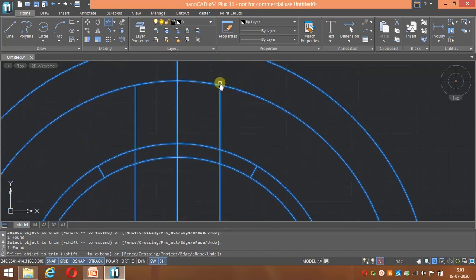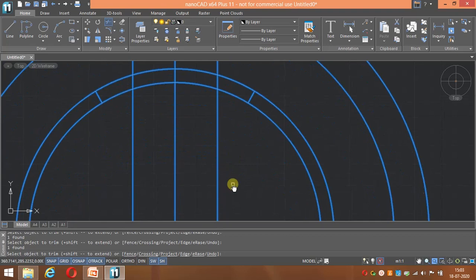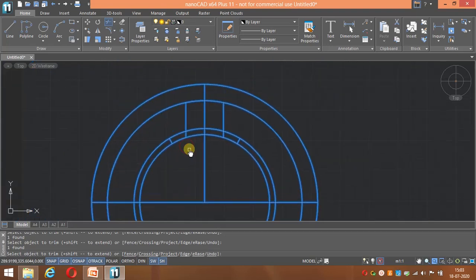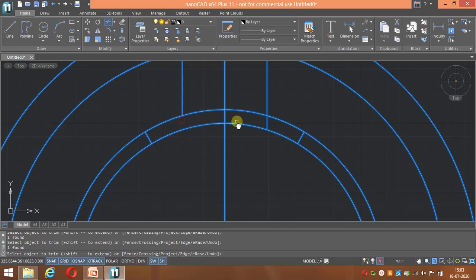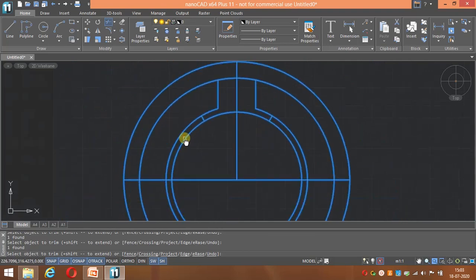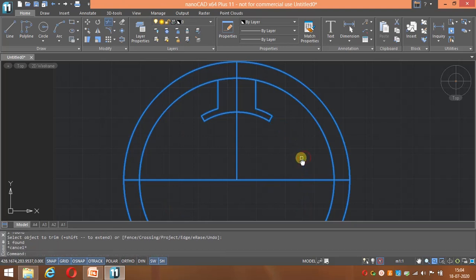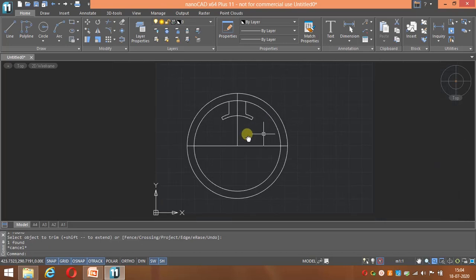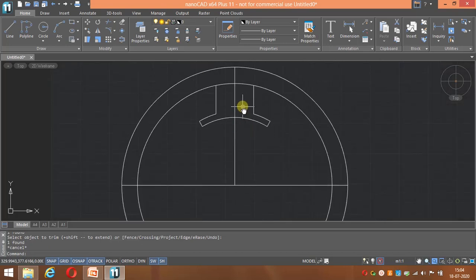And the pole will appear from here to here, so no line is required in this portion. So just now I have trimmed out all the unwanted portions. Now you can see this is the pole.